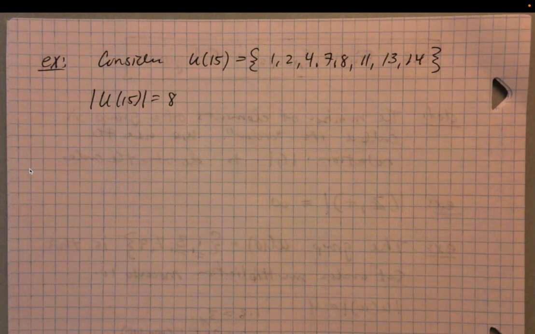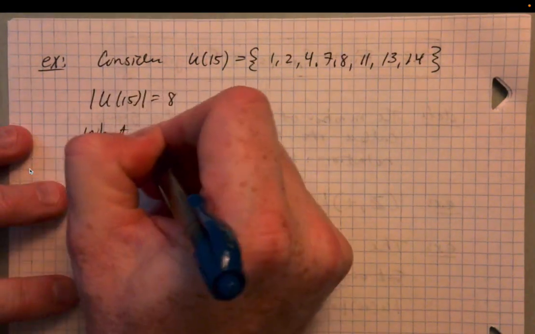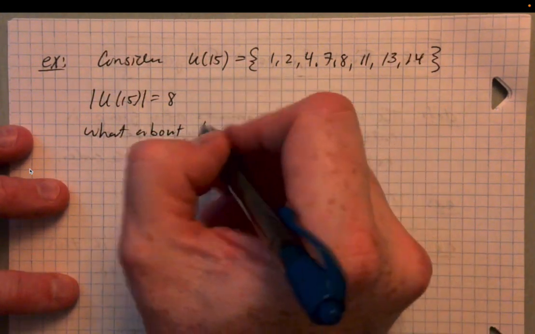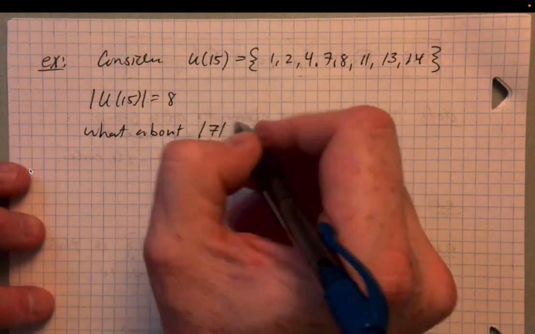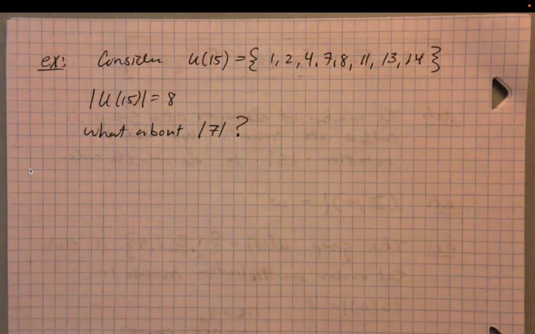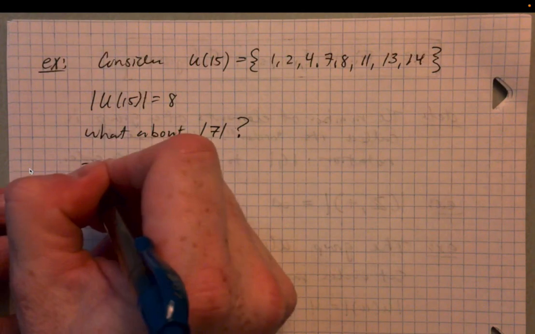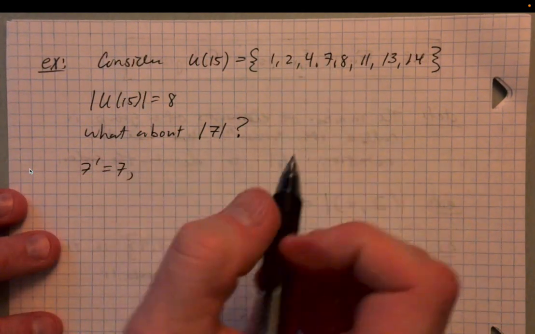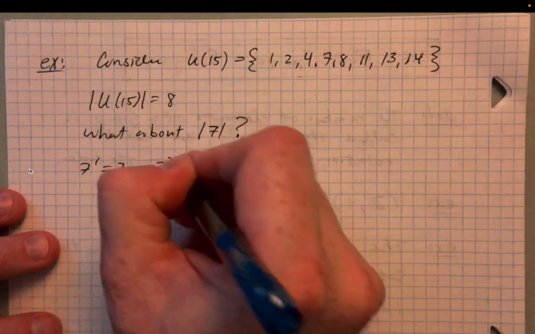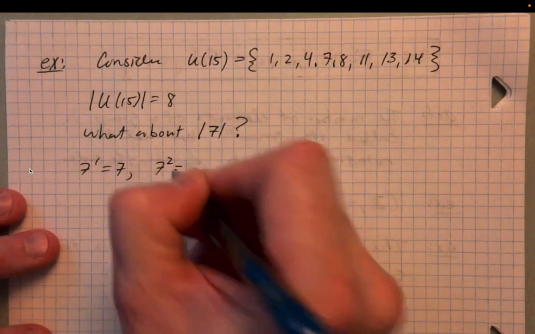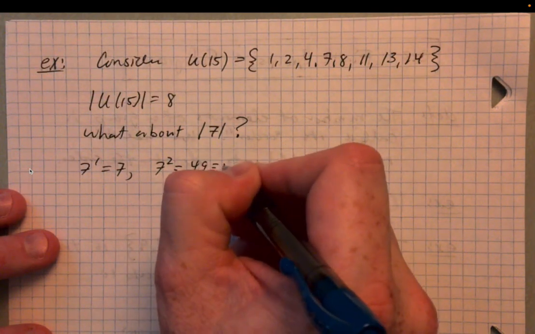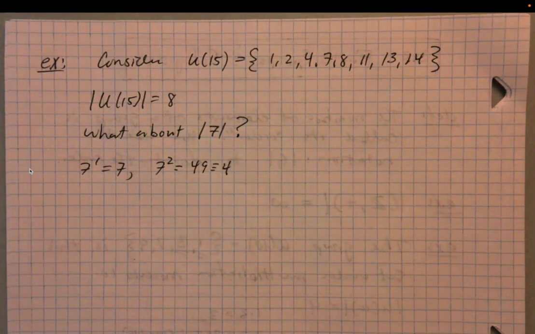What about the order of the elements themselves? So let's take a look at the order of the element 7. So let's see what happens here. So I have 7 to the first power is 7. Okay, obviously in the group. 7 squared, so 7 times 7 equals 49, which is congruent to 4 mod 15.